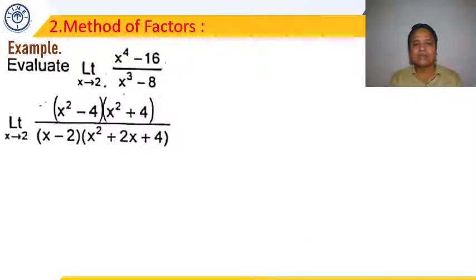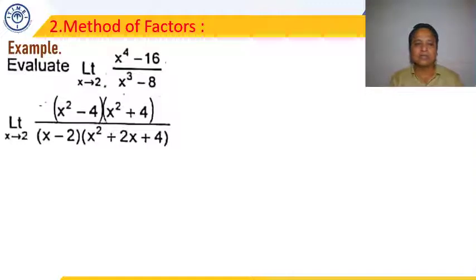And in the denominator it's x cube minus 8, that is x cube minus 2 cube. So we use the formula a cube minus b cube is (a minus b)(a square plus ab plus b square). So the numerator becomes (x square minus 4)(x square plus 4), and the denominator becomes (x minus 2)(x square plus 2x plus 4).